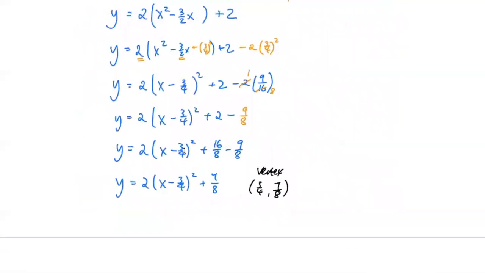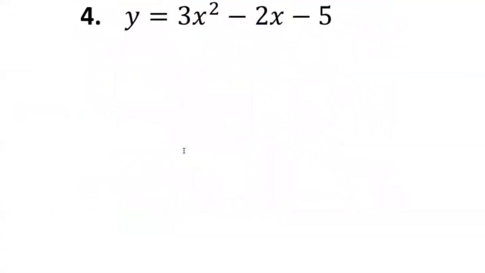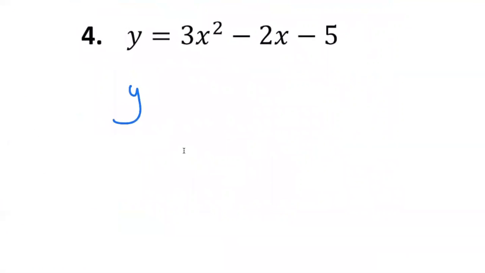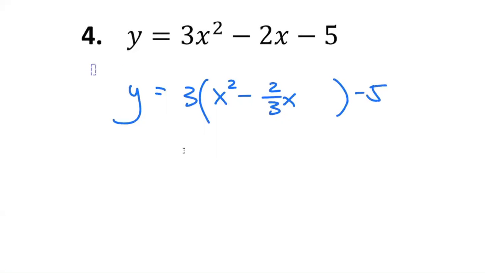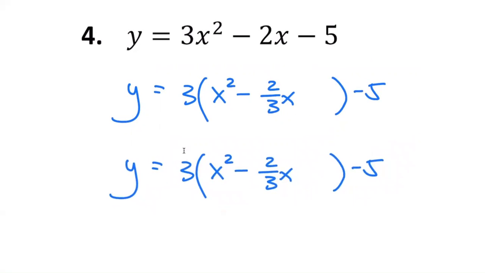And then now for number 4. For number 4, same deal. You factor out the first 2 terms. Okay, so that's how you factor the first 2 terms. And then you will need to divide the middle number by 2.